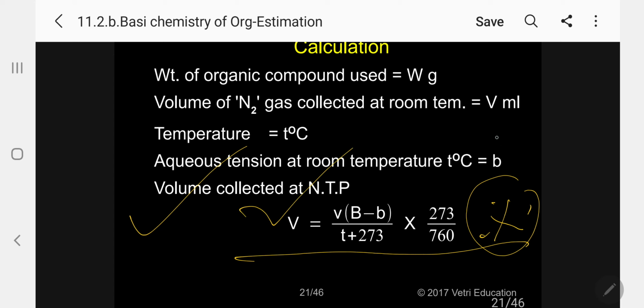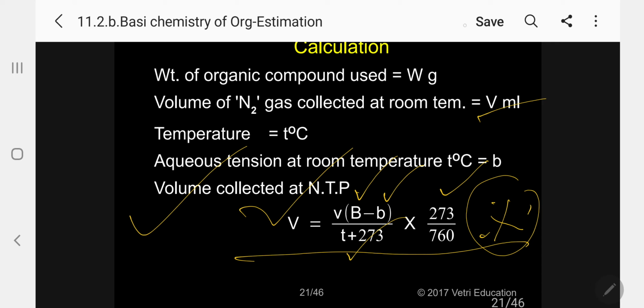Capital V equals small v, that is volume of nitrogen, into capital B minus small b. B is barometric pressure, I will come to it later. Small b is the aqueous tension. Into 273 by (T plus 273, T is temperature) into 760. This is the formula you have to apply to find out the volume.